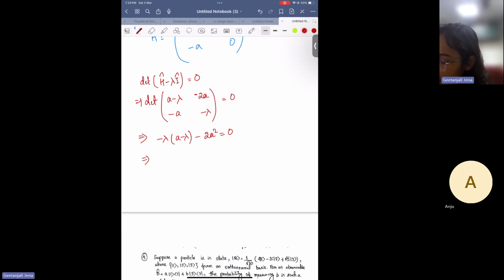So this is nothing but lambda squared minus A lambda minus 2A squared equals 0.